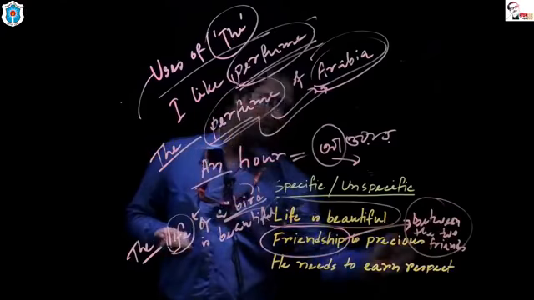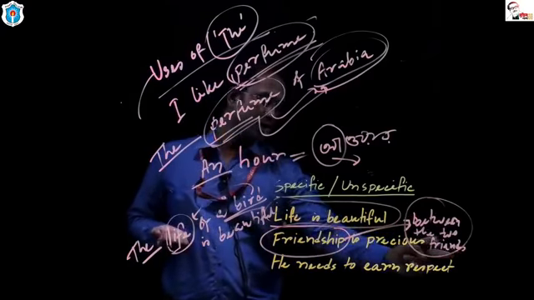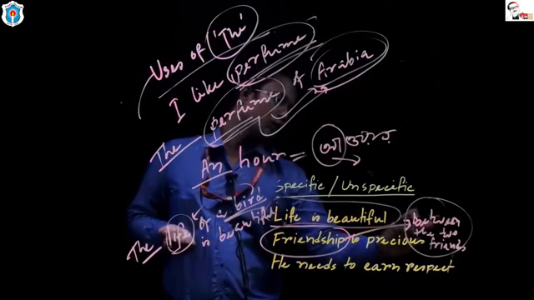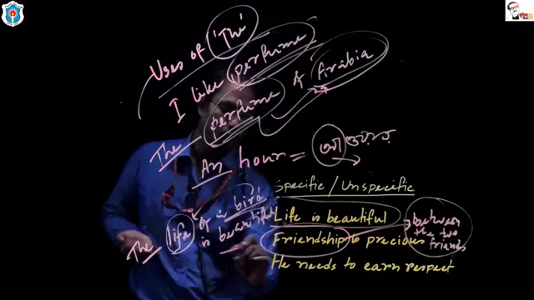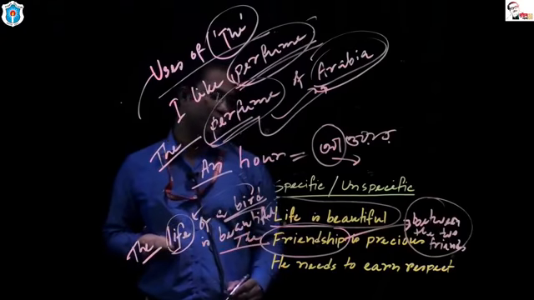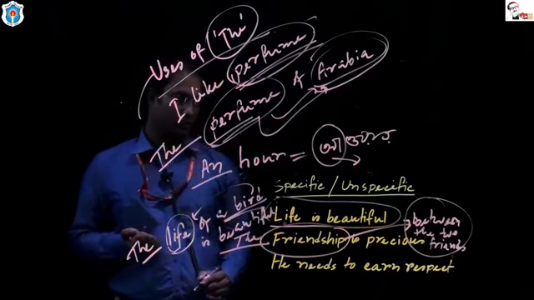Between the two friends. The friendship between the two friends is precious. Then it becomes specific, because this friendship is only for the two friends. That's why we will use here the friendship is precious. The friendship between the two friends is precious.